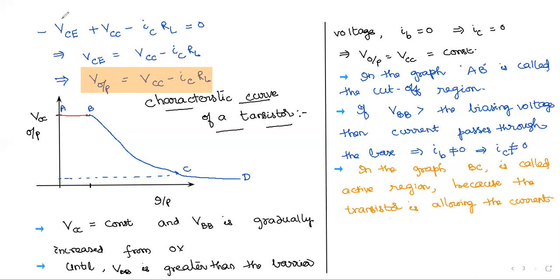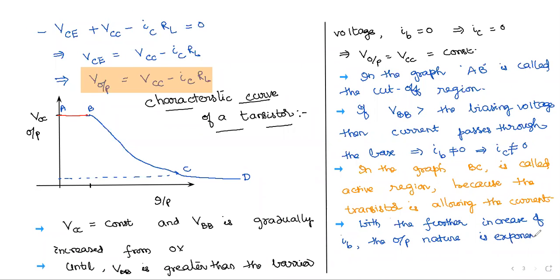That's why if you give the name like CD here, that point, with the further increase of VBB, that is IB, the output nature is exponential and appears to be saturated.